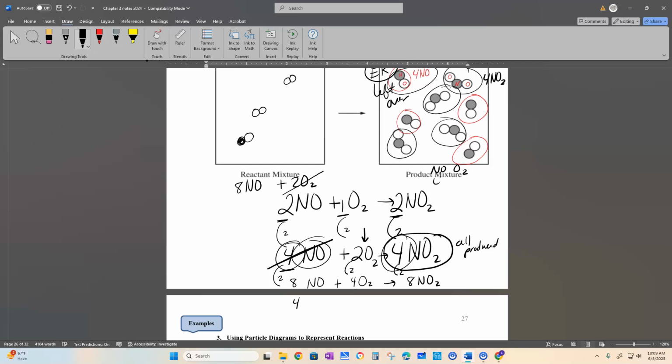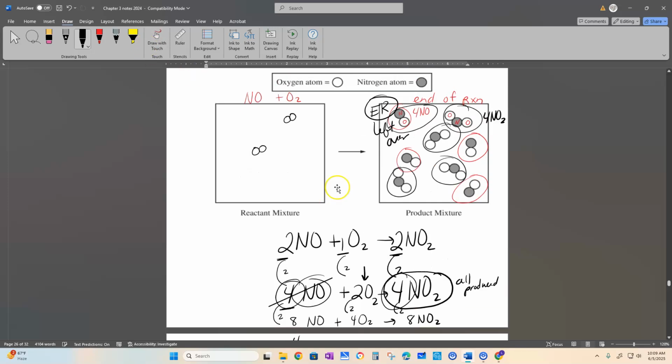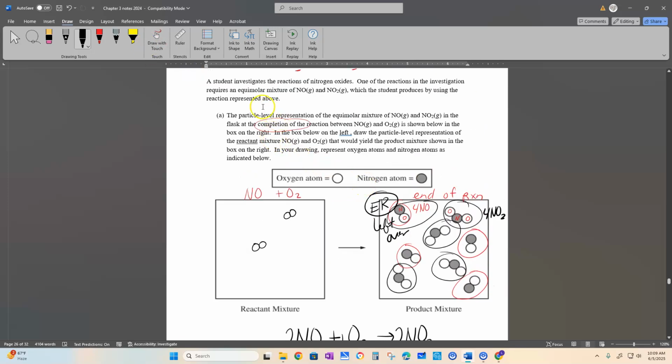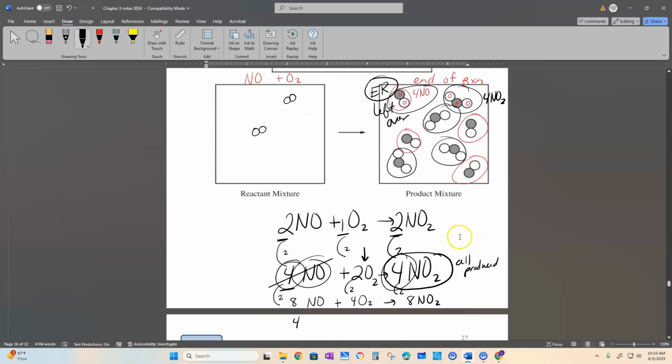And I have 4 NOs left over, so that must mean I had 8 to begin with because I have 4 left over. The key part to this was they said you had to have equal molar mixture of NO and NO2. So I could only produce NO2, 4 of them, which means I had to have 4 NOs to react with.